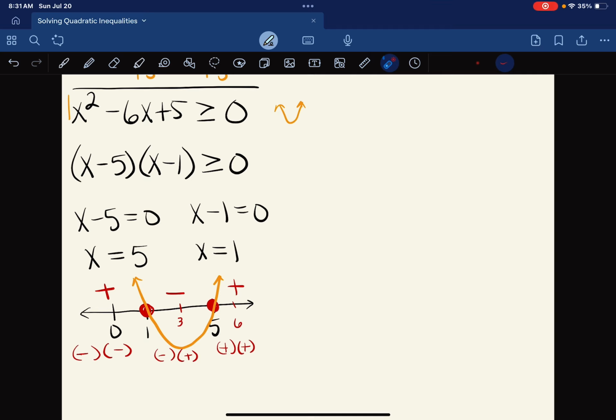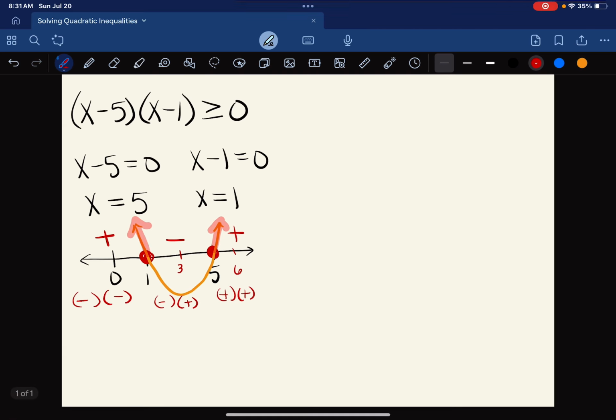Again, I want to know where my quadratic is greater than or equal to 0. So my greater than sections, let's go ahead and highlight, are here and here. So how am I going to write that as a solution? How do I make this a solution showing all of the values that are to the left of +1 and to the right of +5?